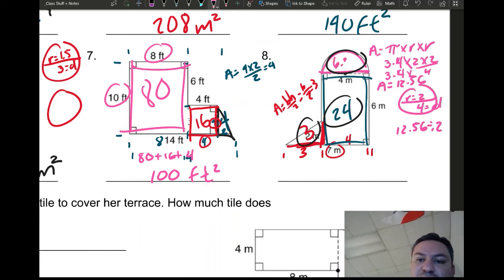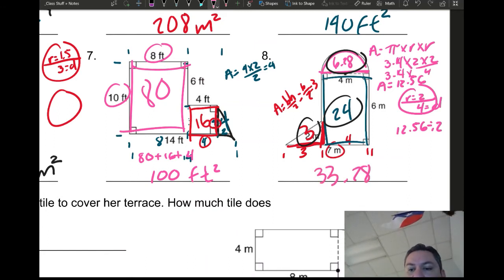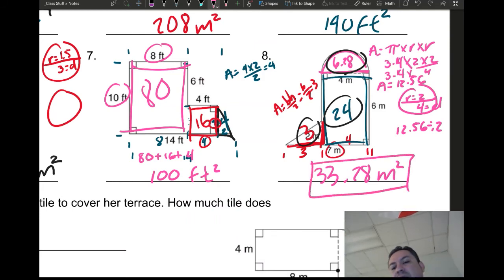So this is 6.28. Now we can add everything together. 24 plus 6.28, that's 30.28, plus the 3 is going to be 33.28 meters squared. That's the total area for that shape. See, that's a common mistake. I almost fell for it. You have to find half the area. Don't forget that, okay? Because it's half a circle.